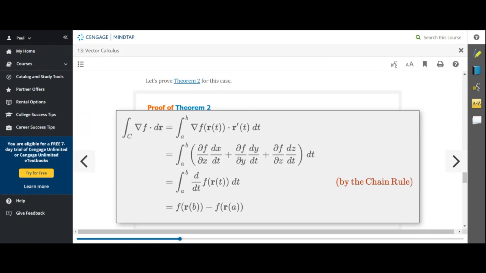And so you're left with the function evaluated at the point r of b minus the function evaluated at the point r of a. And that's how you prove the result. Okay, are there any questions on that?